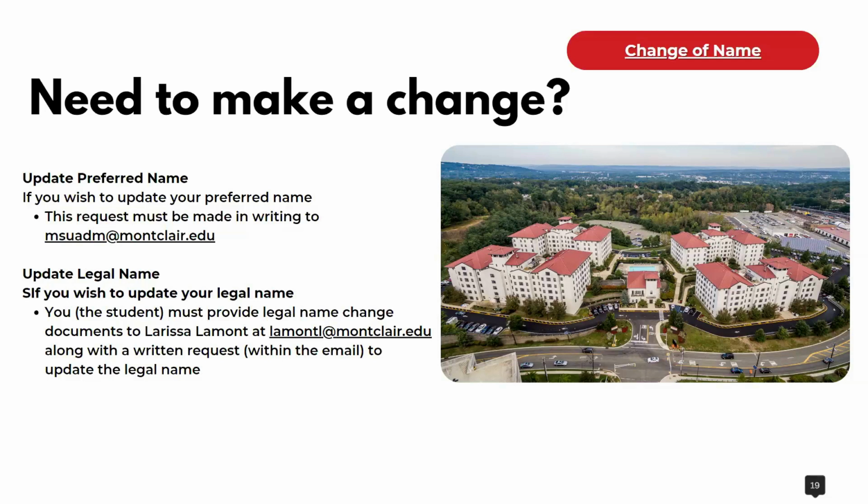If you wish to update your preferred name, the request must be made in writing to msuadm@montclair.edu. In order to update your legal name, you will need to contact Larissa Lamont at lamontl@montclair.edu, along with a written request and a legal change name document.